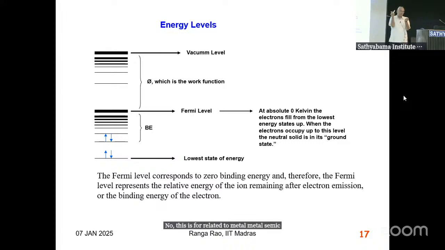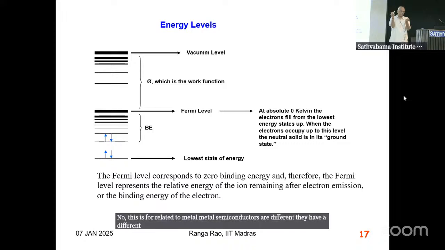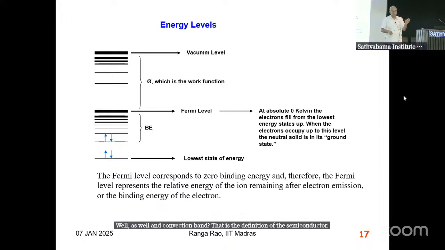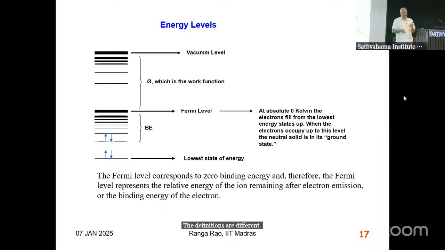Semiconductors are different. They have a different band structure, right? Their Fermi level is defined as an energy level. If it is an intrinsic semiconductor, the EF is exactly halfway between the valence band and conduction band. That is the definition for the semiconductor. The definitions are different. Okay.